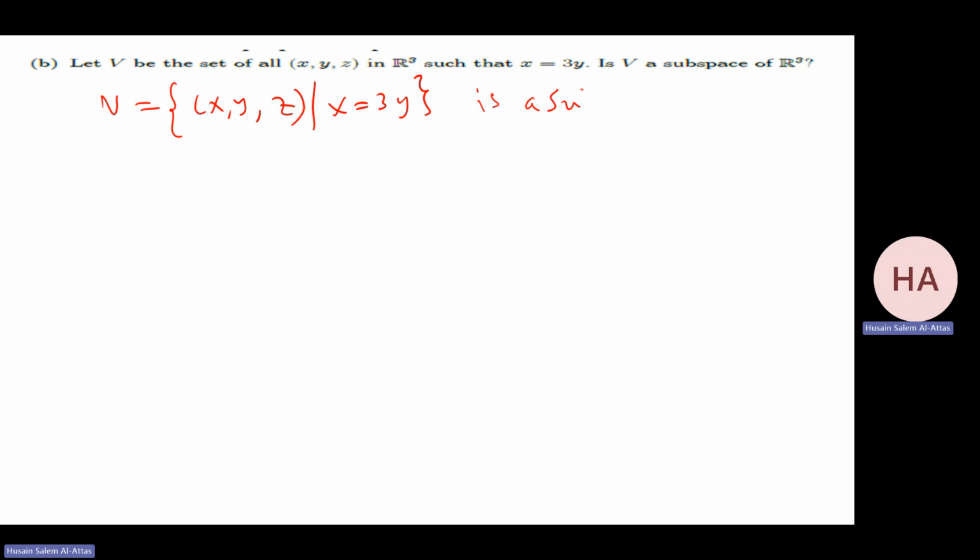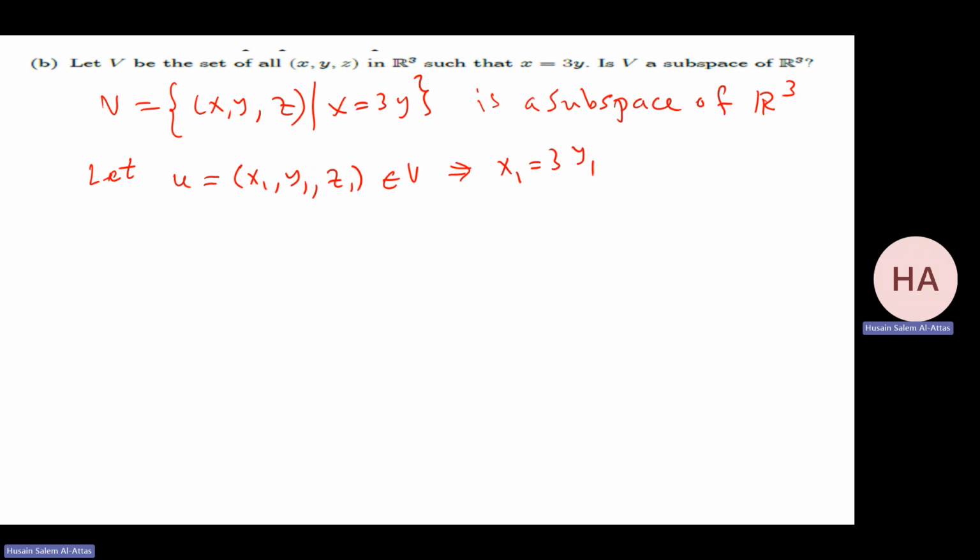Let me try to prove it. The same thing. To prove it, I need to do it for any u and v. Let u equal (x1, y1, z1) belong to V. That means x1 is 3y1.